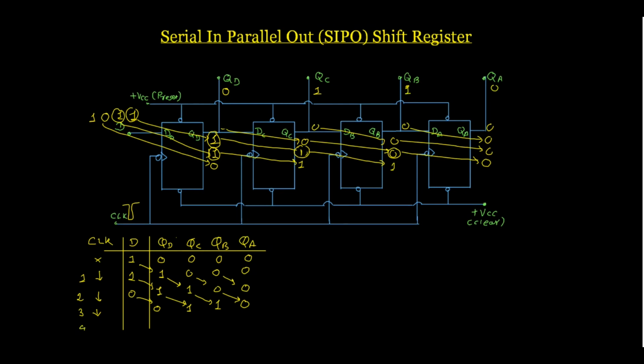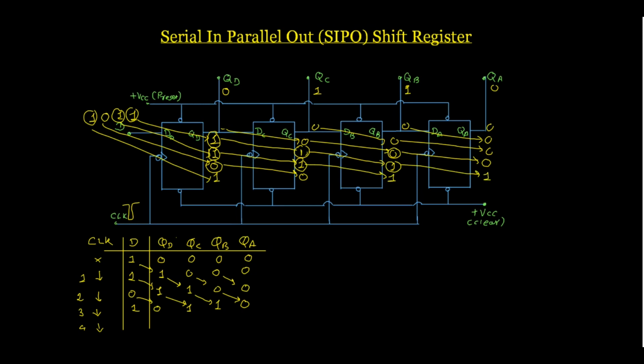When the fourth negative edge comes, my fourth bit is 1. So this one will appear here. This 0 will appear at QC. This one will appear at QB, and this one will appear at QA.